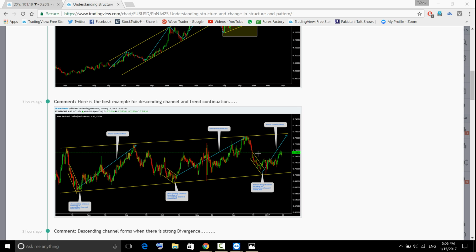Basically, we rely on patterns. We do not rely all the time on trend lines. We rely on patterns. Trend lines help us to identify these patterns, structure helps us to identify these patterns, and these patterns behave in the same way again and again.